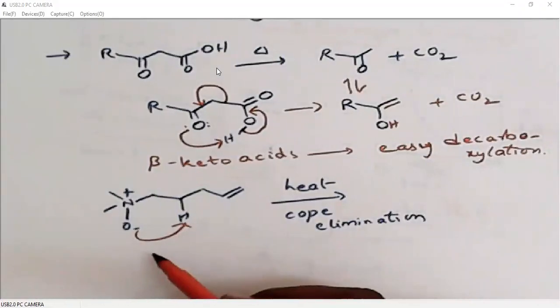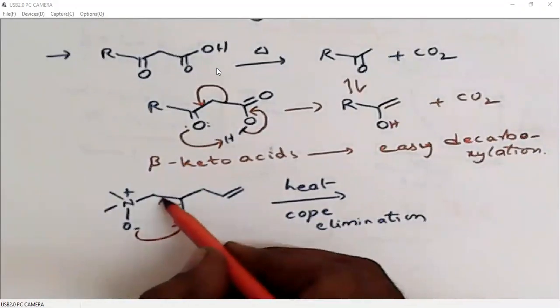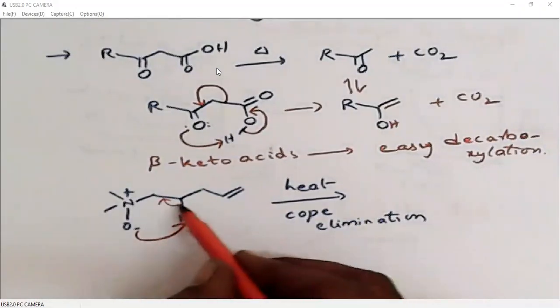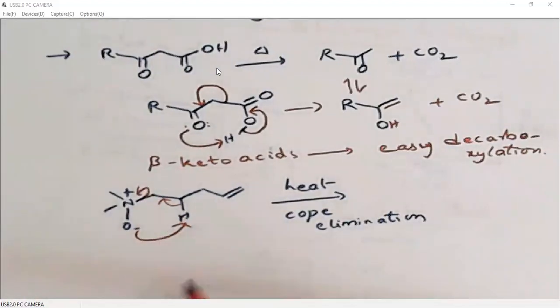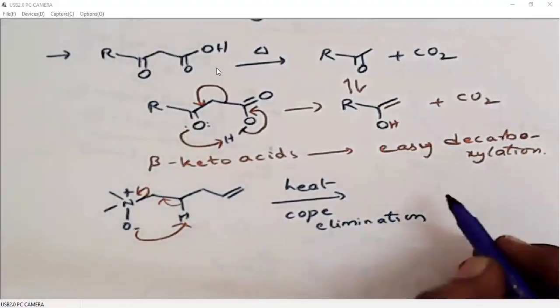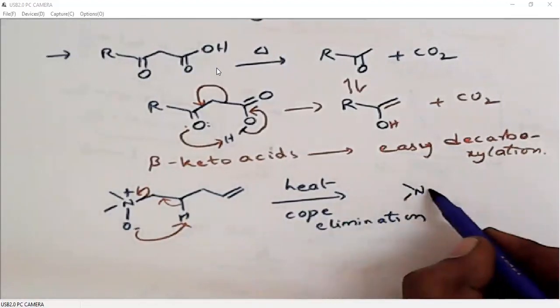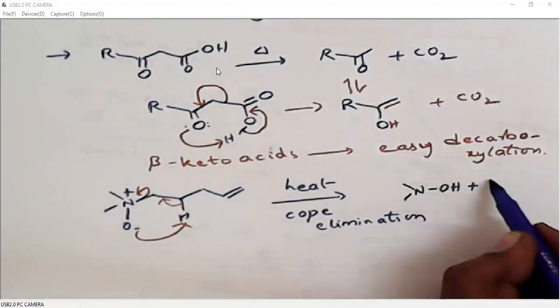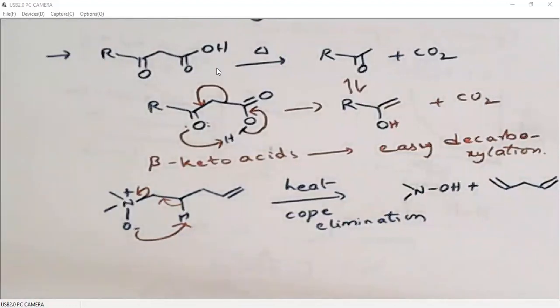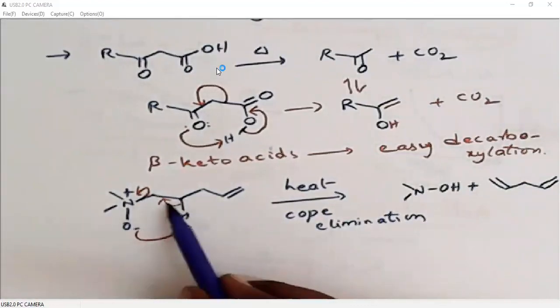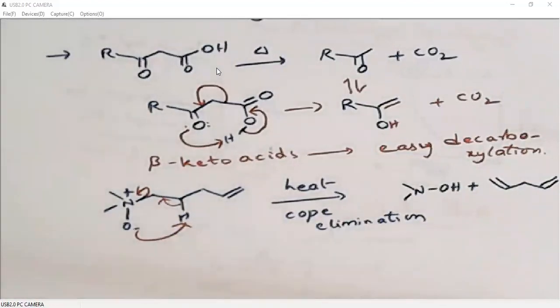So O minus will pick up this proton. The electrons in the carbon hydrogen bond will be polarized like this, so that nitrogen will be leaving. So what we are getting is N,N-dialkyl hydroxylamine and an alkene. So this is Cope elimination, and when we look at this, yes, here it is 6 sigma electrons, not pi electrons, but still it is almost like an ene reaction.